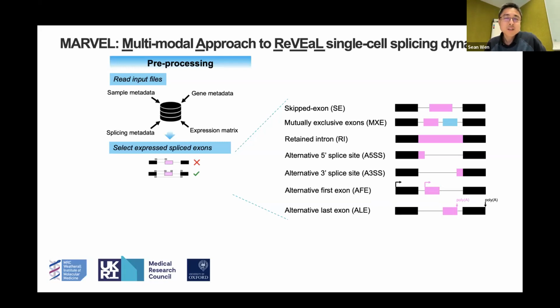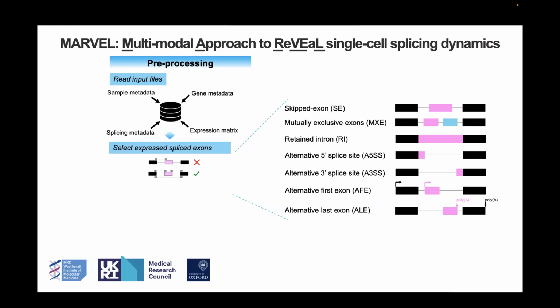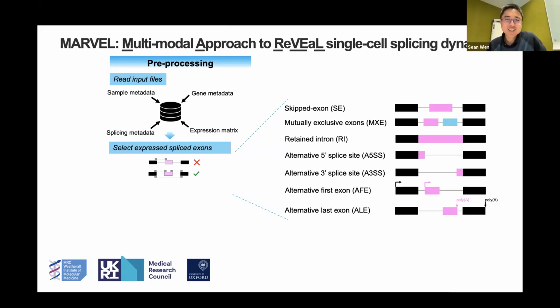But you may use another splicing software to prepare the splicing metadata, and Marvel can still take that in. So basically it's up to you. Got it. But I like rMATS, so if you can use rMATS, use that, but it's really up to you.